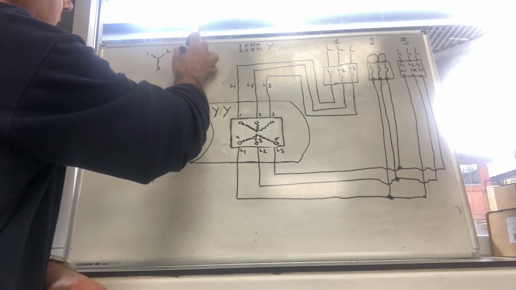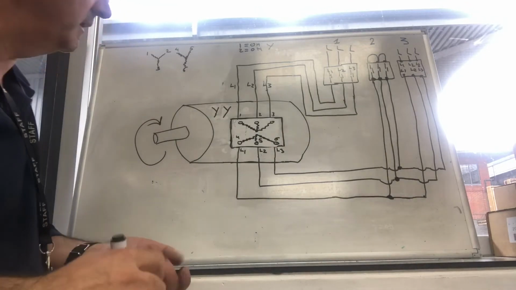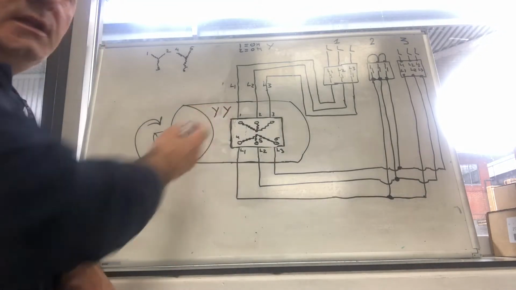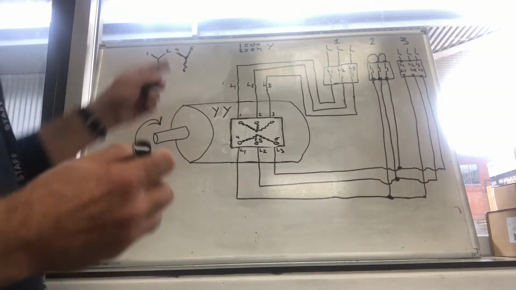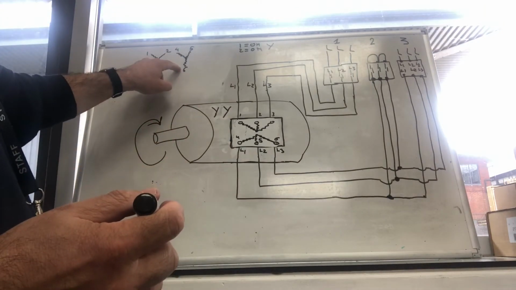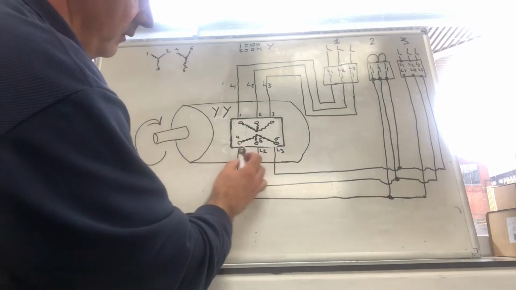4, 5, 6. How can you find out if your motor is star delta or part Y? Normally it should be written on a badge or specification, but you measure between 4 and 6, 6 and 5 on a straight line.